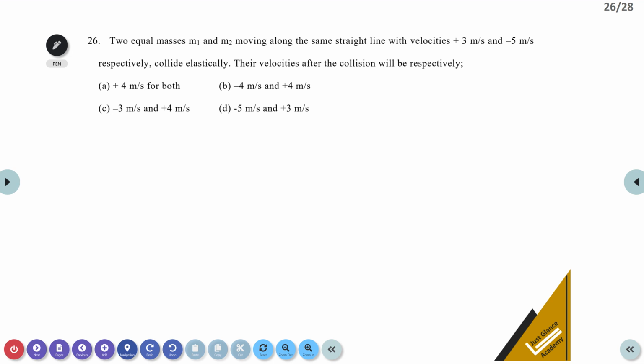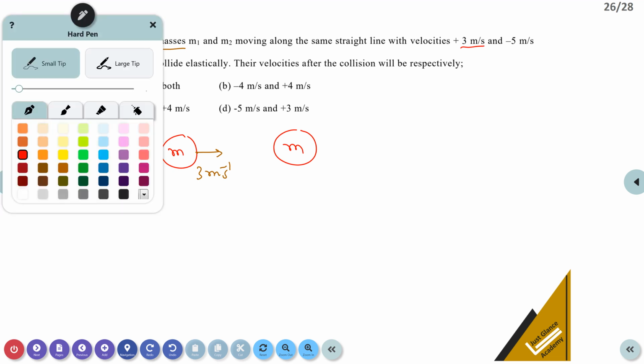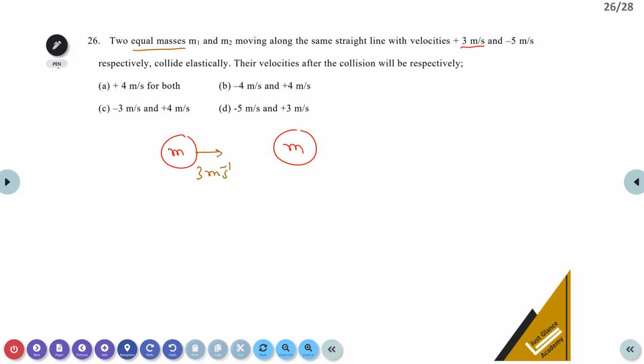Remember students, two equal masses as given: this is m, and the other mass is also m. One has velocity 3 meter per second, and the other has velocity minus 5 meter per second. Minus represents that both are traveling in the opposite direction. Both will collide.